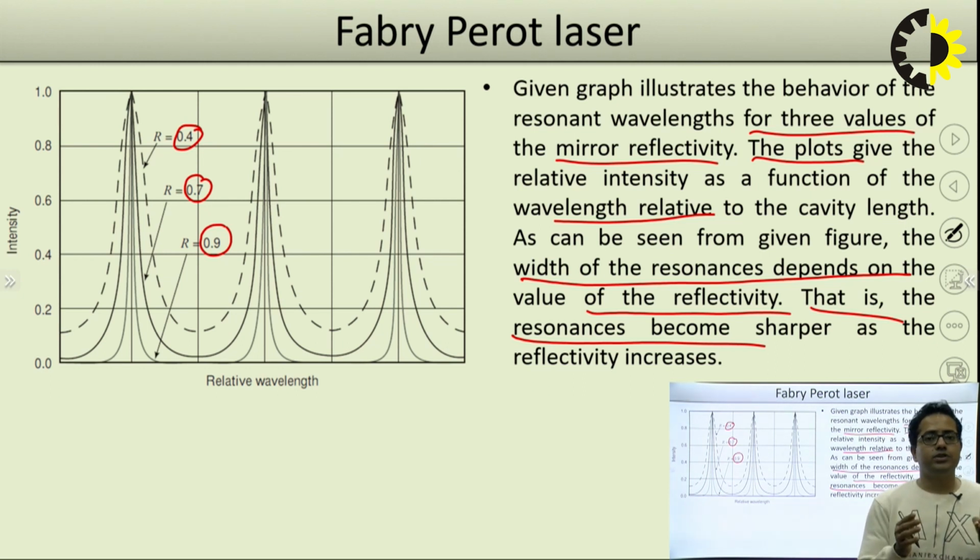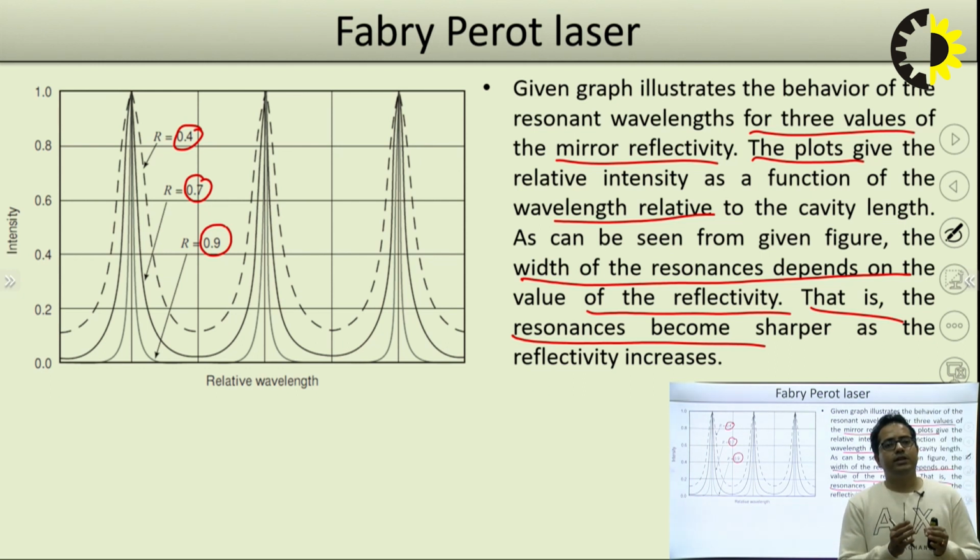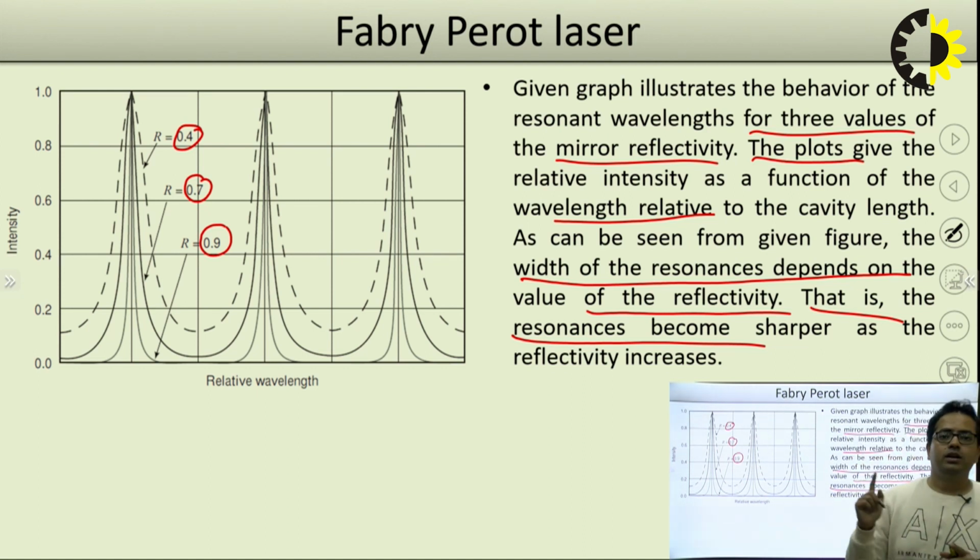That means the graph between the relative intensity and the wavelength sharpens when we increase the reflectivity of the mirror, which is the basic structure responsible for the Fabry-Perot lasing action to take place.